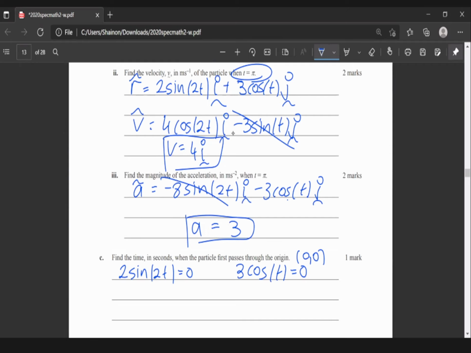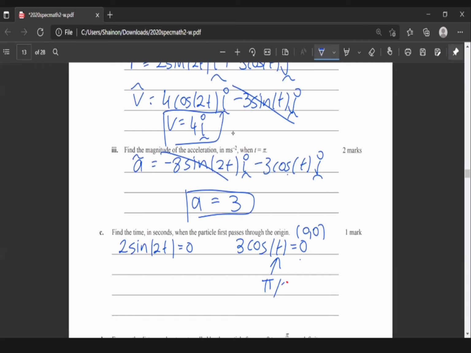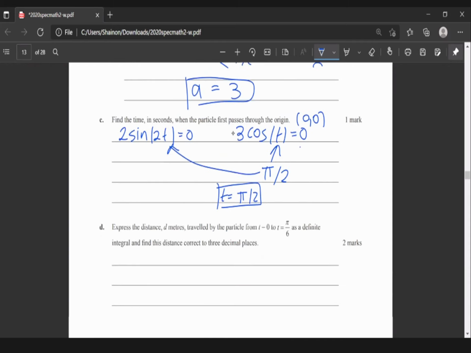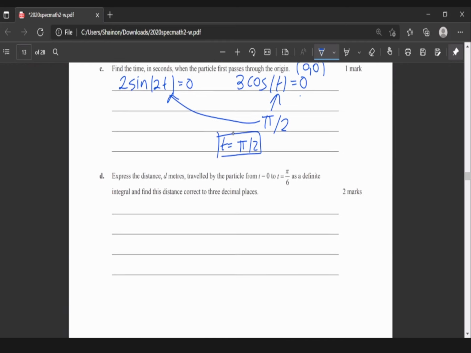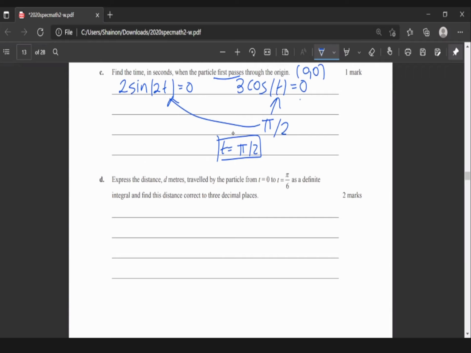The only way that's going to equal 0 is if it's pi by 2. If you sub that in, you'll get sine of pi, which is 0, so then you know it's right. Pi by 2. And this is first passes, so it's going to be positive, pi by 2 then the rest.